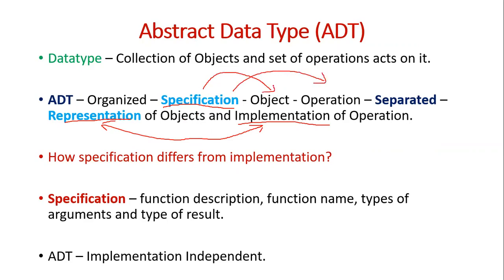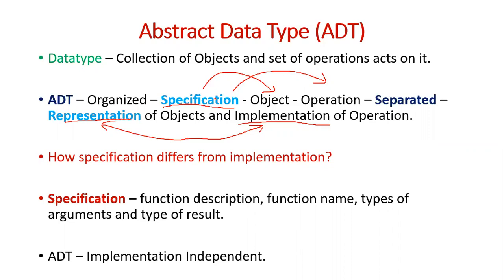The specification means how you specify that particular data type. If it is a float, then it ranges from this value to that value. And you are specifying, using some means, the operations that can be performed on this particular data type. That is called a specification.